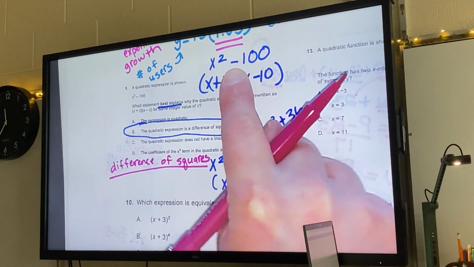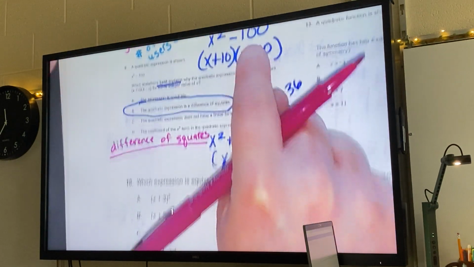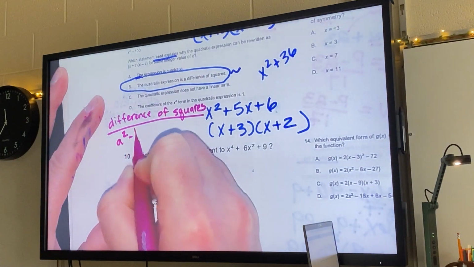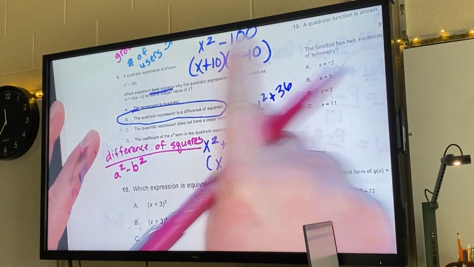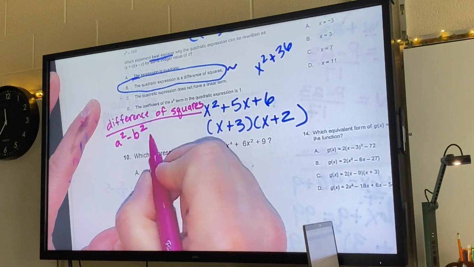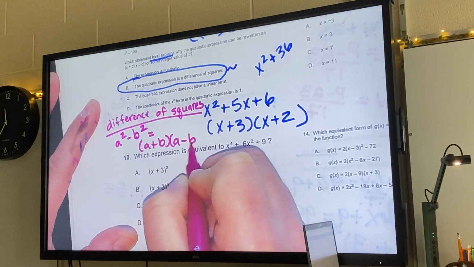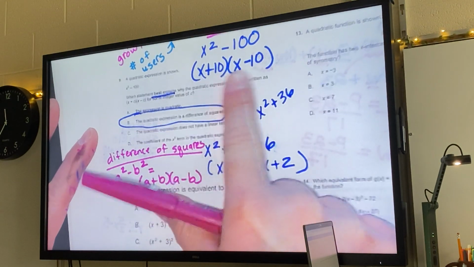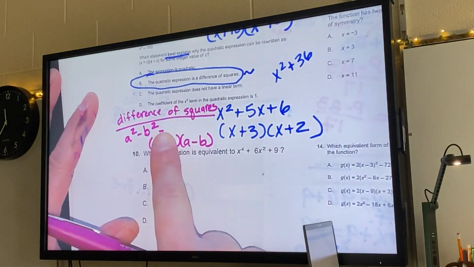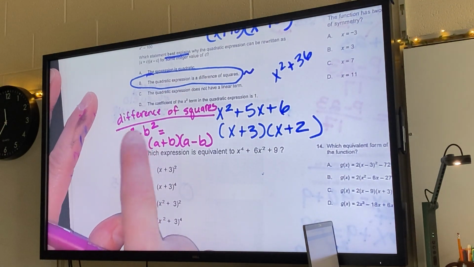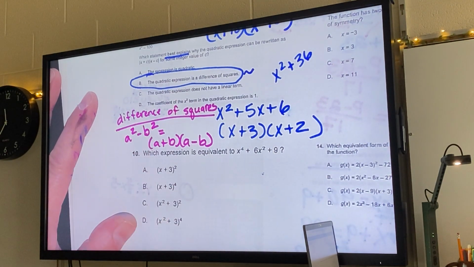So when you're subtracting 2 perfect squares, the way you factor it is if you have a squared minus b squared, like we had x squared minus 10 squared, that's equal to a plus b times a minus b. So that's why we got x plus 10 and x minus 10. This is the formula. You can only use this formula if it is a difference of perfect squares.